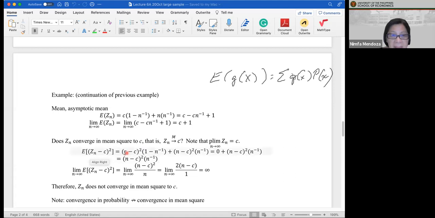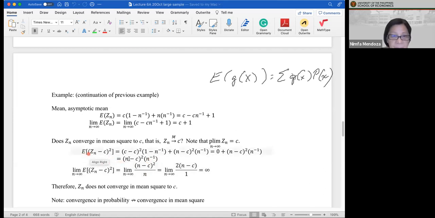C sub n can take on the value C or n, and these are the corresponding probabilities. So the first term would be 0. And then for the second term, we have n minus C squared times n to the minus 1. So we're left with this expression.